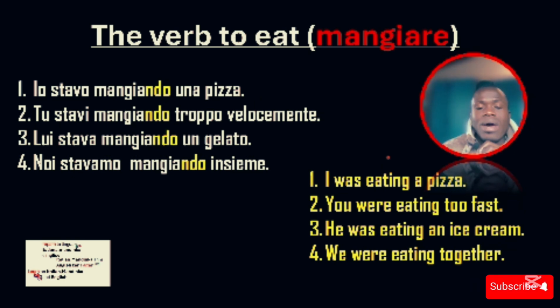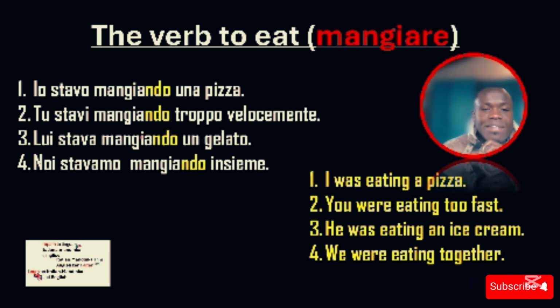This is the form we use when you are giving an excuse or giving a report in the simple continuous past tense. Okay, for instance, when an Italian asks you che stavi facendo in camera, it means what were you doing in the room. Io stavo mangiando una pizza, it means I was eating a pizza.